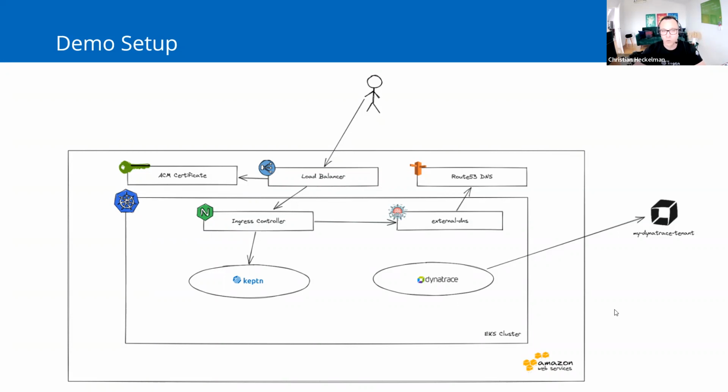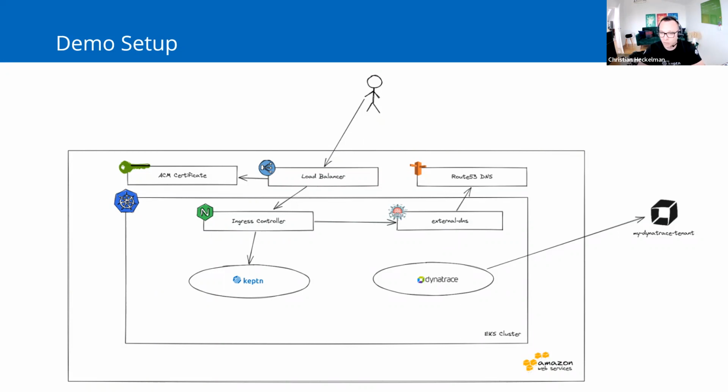We have installed within the cluster an Nginx ingress controller and an AWS ALB controller. We have installed the external DNS add-on, which will take care of updating our Route 53 DNS entries, right? And also, which comes with the CDK, the ability to provision ACM certificates. In our case, we have created a wildcard certificate. And we have connected our cluster already to Dynatrace.